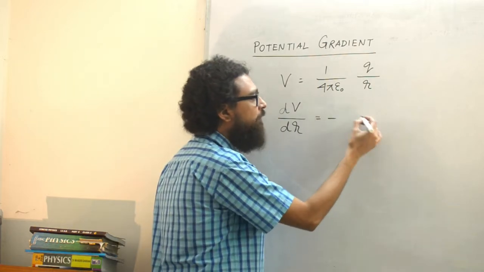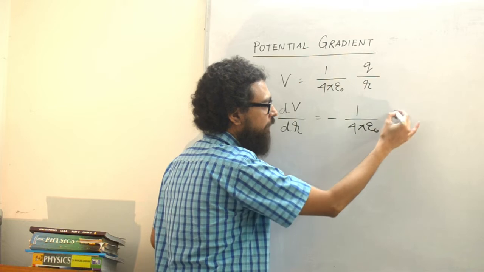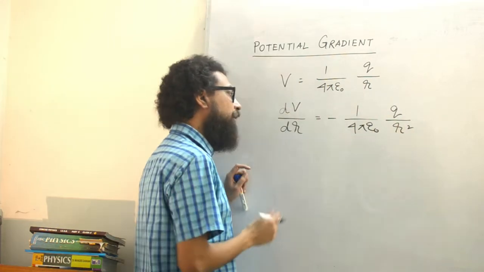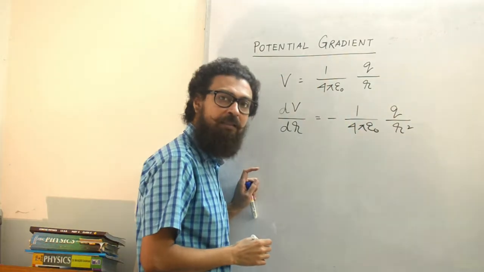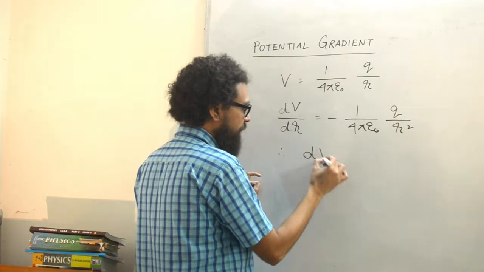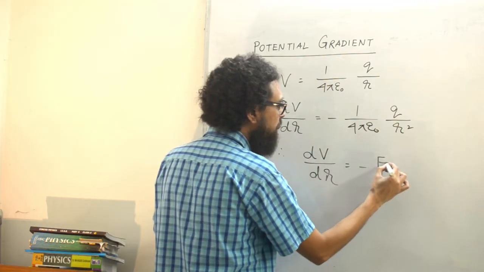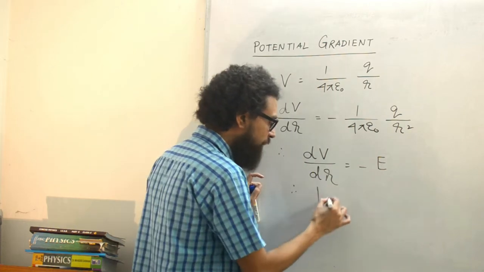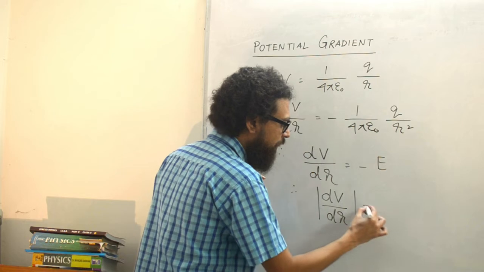So what I am getting finally, and it is very interesting, is 1 by 4 pi epsilon naught Q by r square, and there is a negative. Now you can understand that this expression relates to the electric field for a point charge. So can I write that dV/dr is equal to minus E? So I can say the magnitude, the modulus of this, is the electric field.